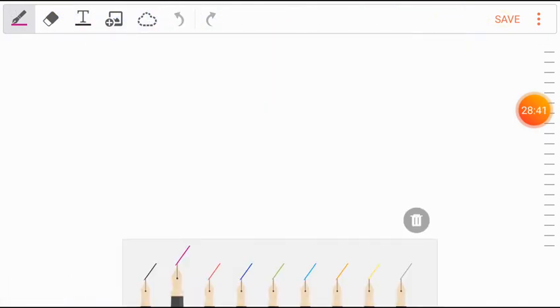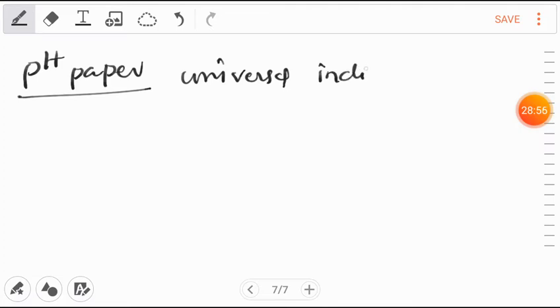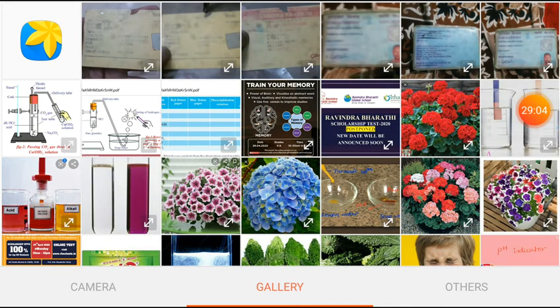Second one is pH paper. It is also a universal indicator, which indicates different colors. Now we'll see the image of this.